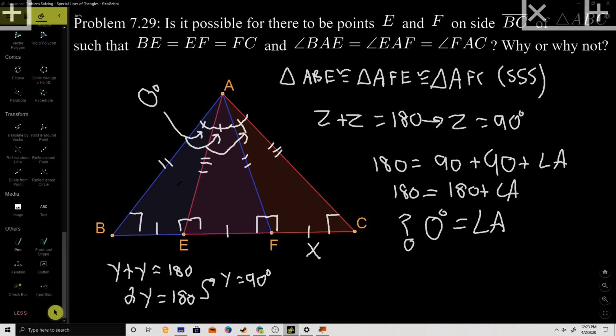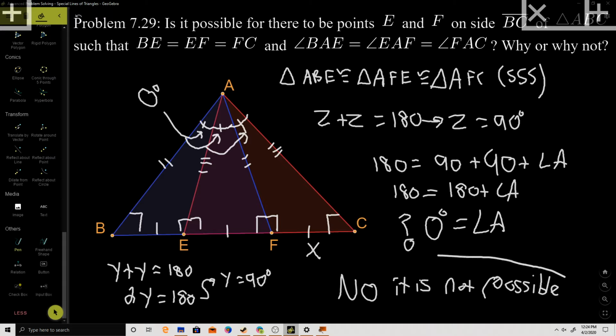Which means that none of these triangles, ABE, AEF, FAC, could exist as well. So no, it is not possible for this triangle to exist. Because there's a clear contradiction in what we know about triangles and the information that we have in this problem.